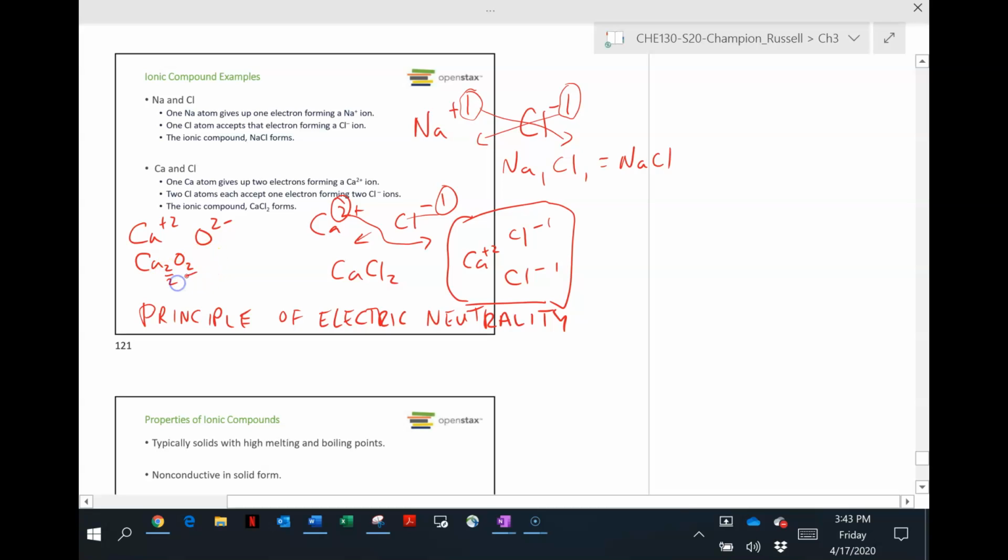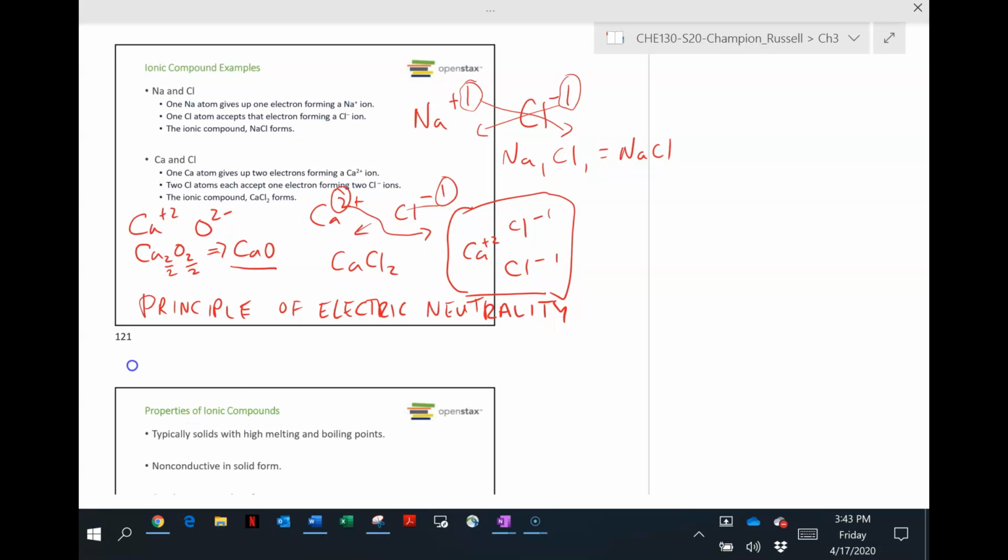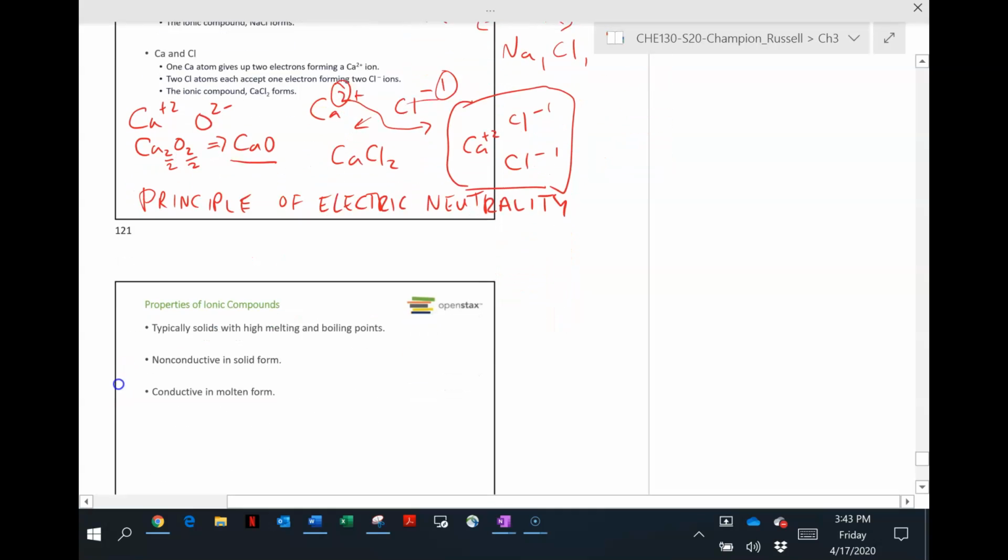So divide both of those by 2, and we get CaO. That would be the formula of calcium oxide. And it makes sense that we got a +2 and a -2. So with that crossing the charges trick, sometimes you have to correct for that. If you can lower those numbers to common denominators, then that'll work out.